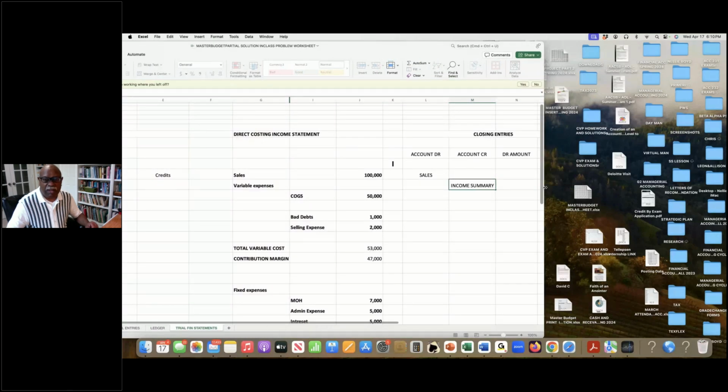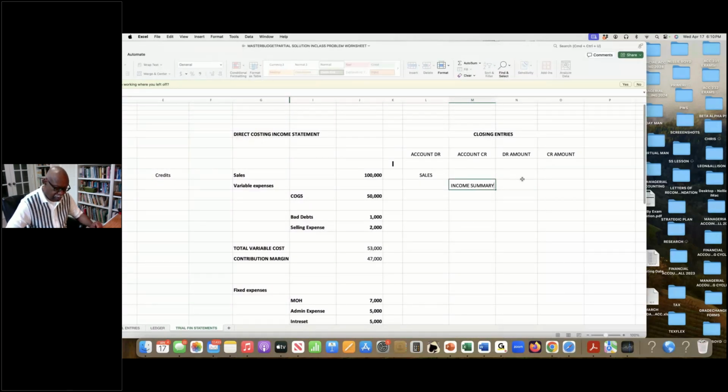The debit amount is 100,000, and the credit amount is 100,000.